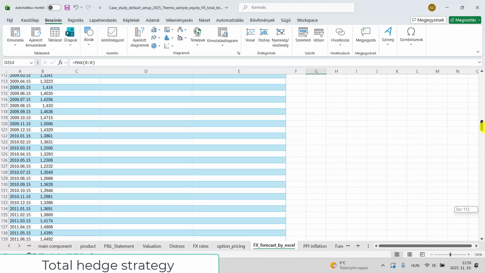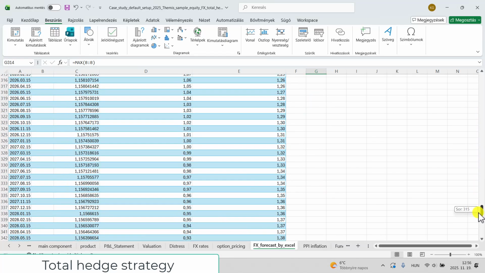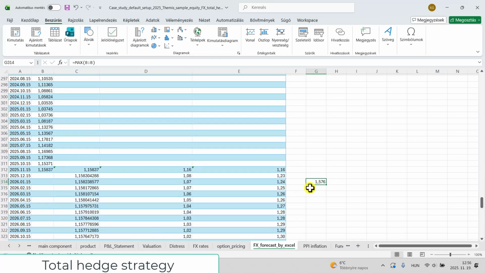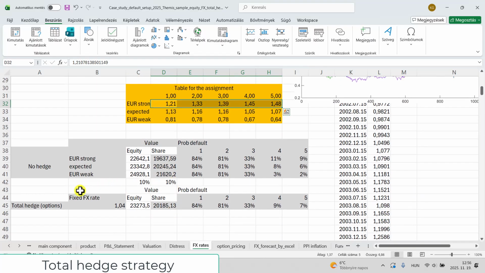Oh yes, the beautiful times of the subprime crisis. After that we even had 1.57. In this case this is not so far-fetched. Okay.